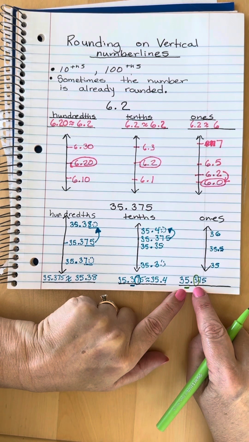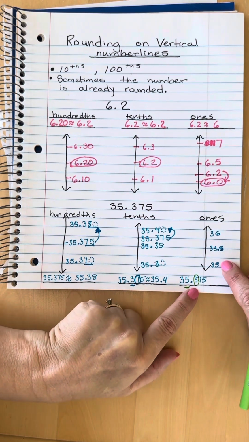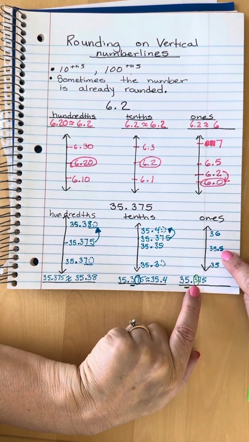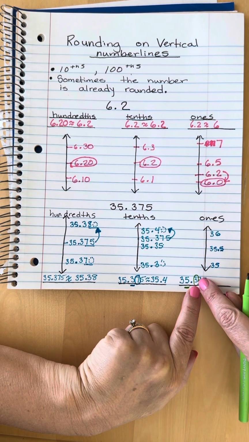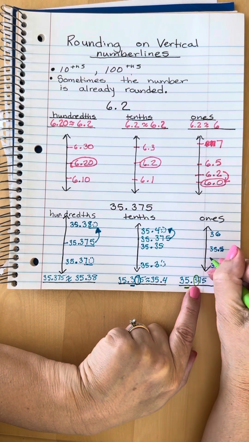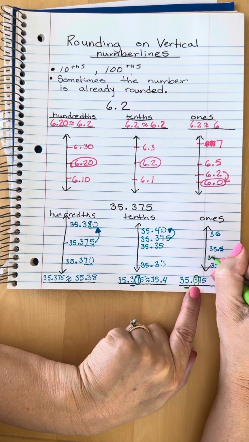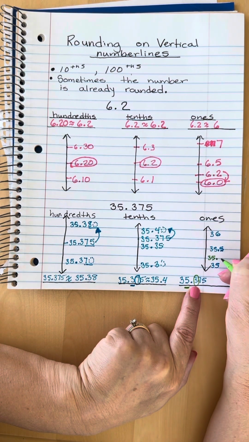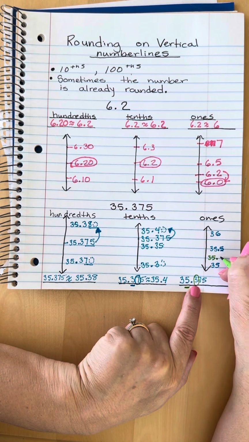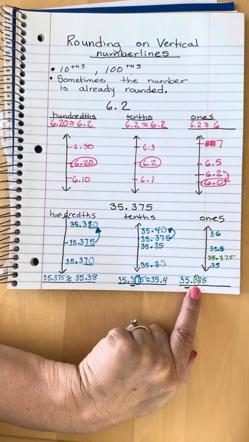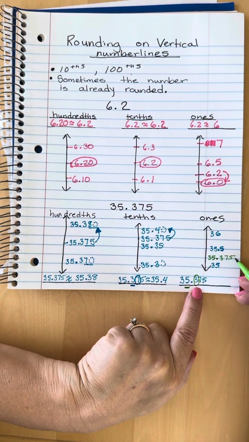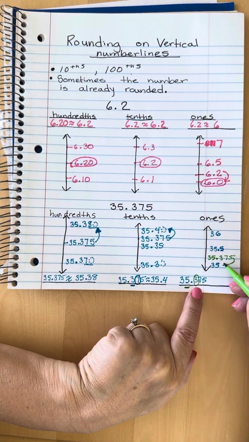And I say, okay, well, it's more than 35. And I'm looking at the 3/10. Well, the halfway tenth was 5/10. This is 3/10. So that tells me where to put it on my number line. 35 and 375 thousandths. I can see that it is closer to the 35 than it is to the 36.